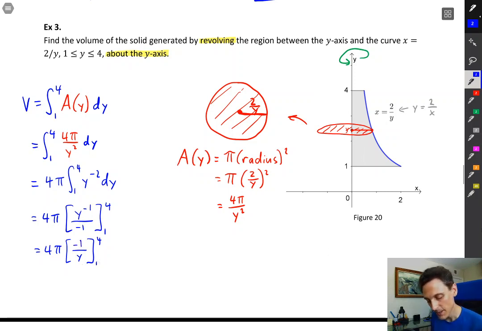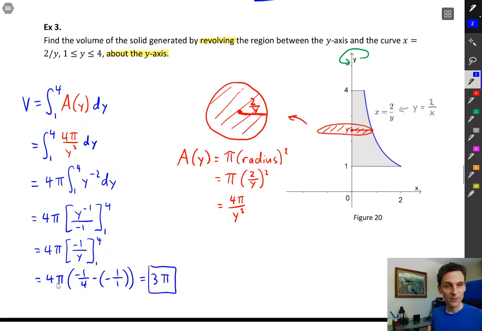Then I can go ahead and plug in the 4, put a minus, plug in the 1, and inside here you're going to get 3/4. So one of the 4's will cancel, and you'll get a 3 pi left.